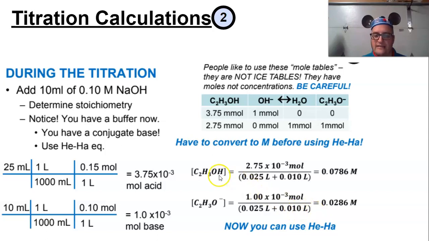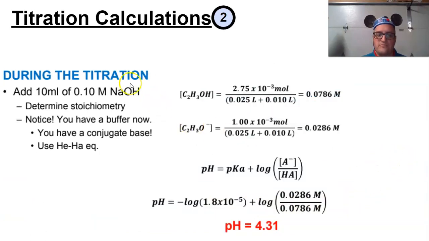So we have the acid and its conjugate base in their concentrations. So we can use the Henderson-Hasselbalch where the pH is the pKa, which we already are given, plus the log of the base over the acid. Make sure you put it in correctly. pH is 4.31, expected to go up from the original, not quite at 7 or anything even close.